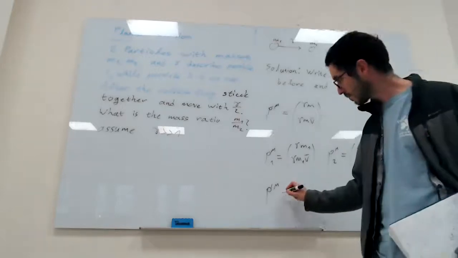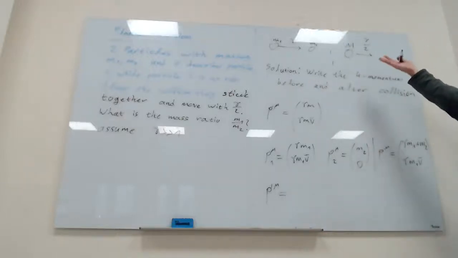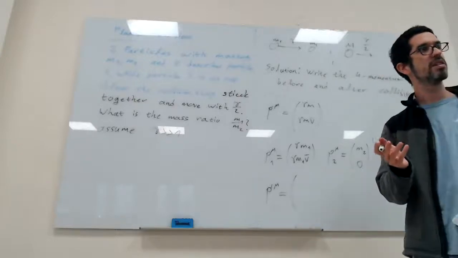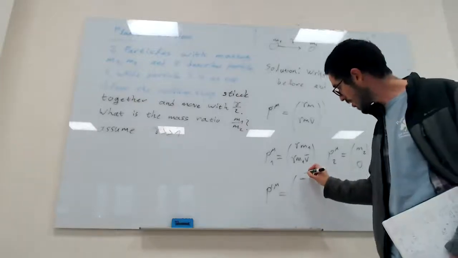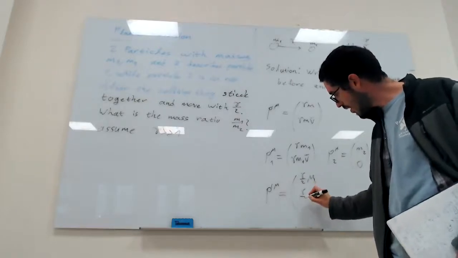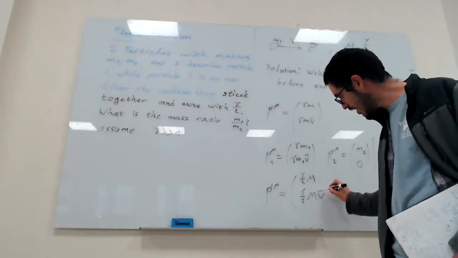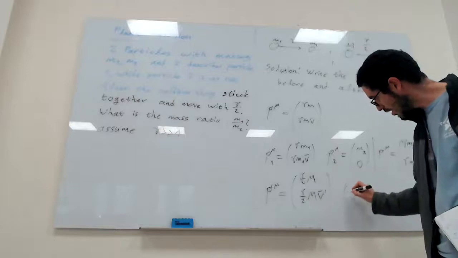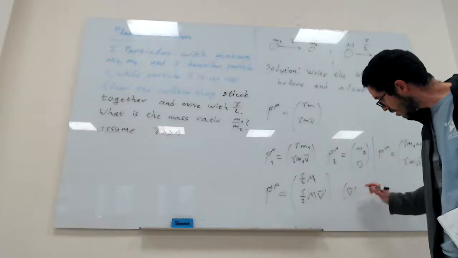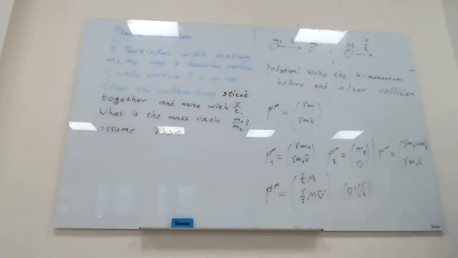After the collision we have a particle with unknown mass, big M, and gamma over 2. Our gamma factor is half of gamma, gamma over 2, and let's call the velocity v tag. v tag is a function of gamma over 2.